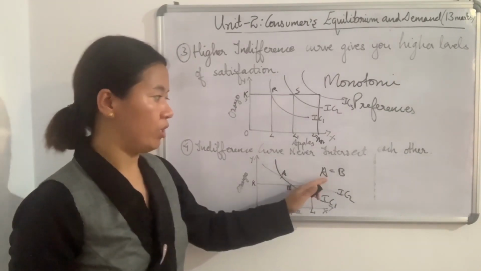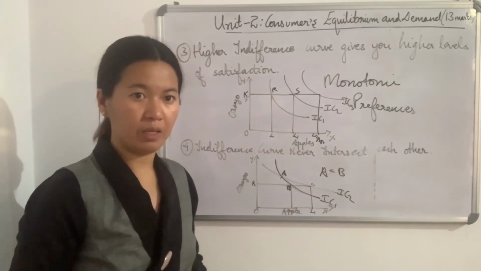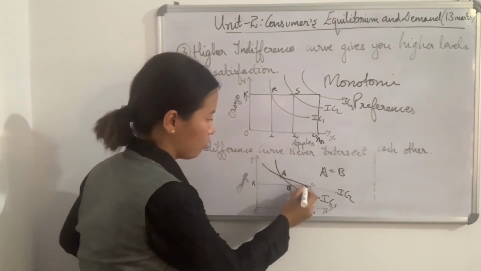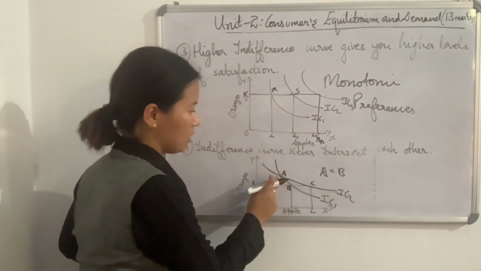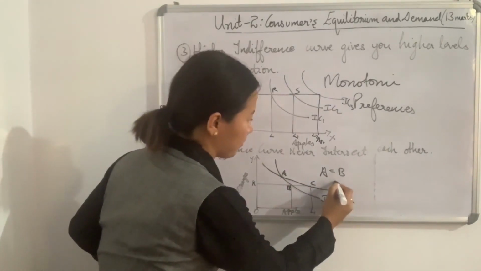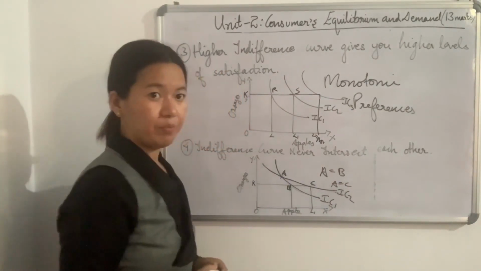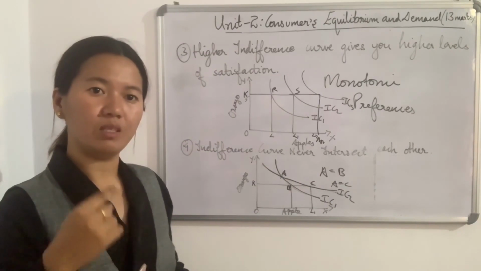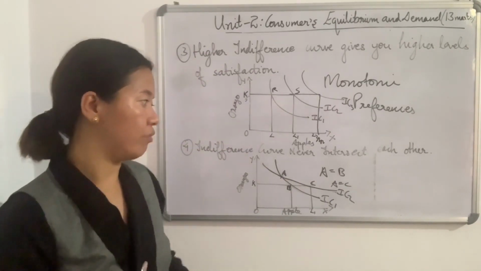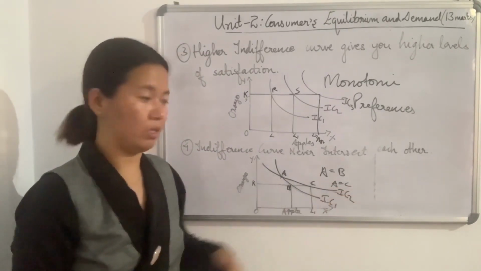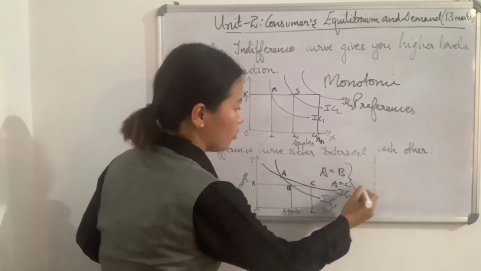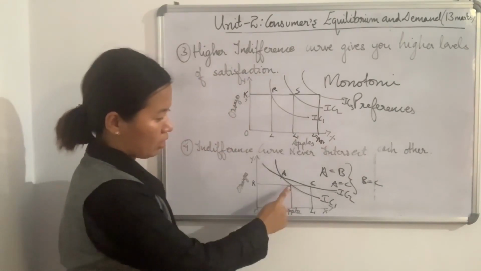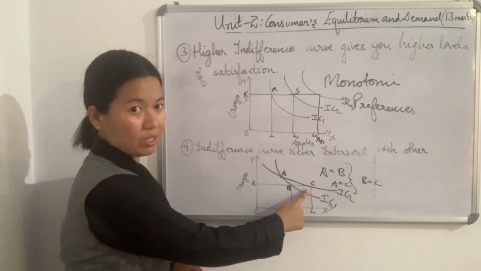So point A is equal to point B. Also on IC2, there are two points, A and C, which means it gives you the same level of satisfaction. Therefore, A is equal to C. From these 2 equations, we can conclude that B is equal to C. That is, point B is equal to point C.